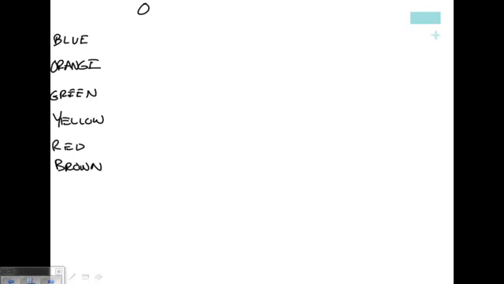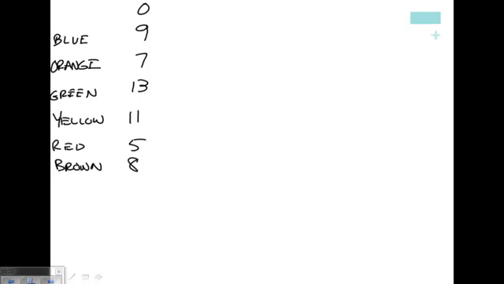And in my group, I observed 9 blue, 7 orange, 13 green, 11 yellow, 5 red, and 8 brown. Obviously you're going to have different observed values than I am. But that column is called O for observed.